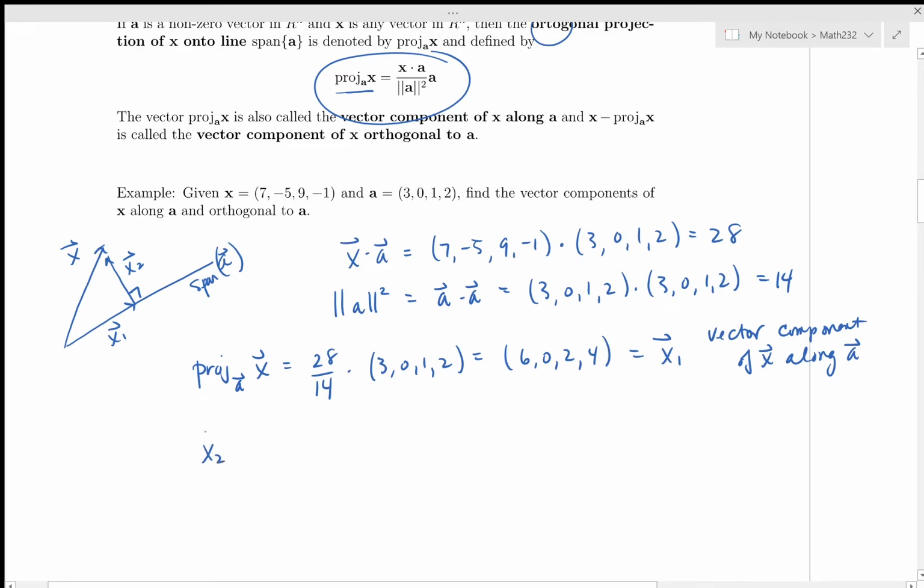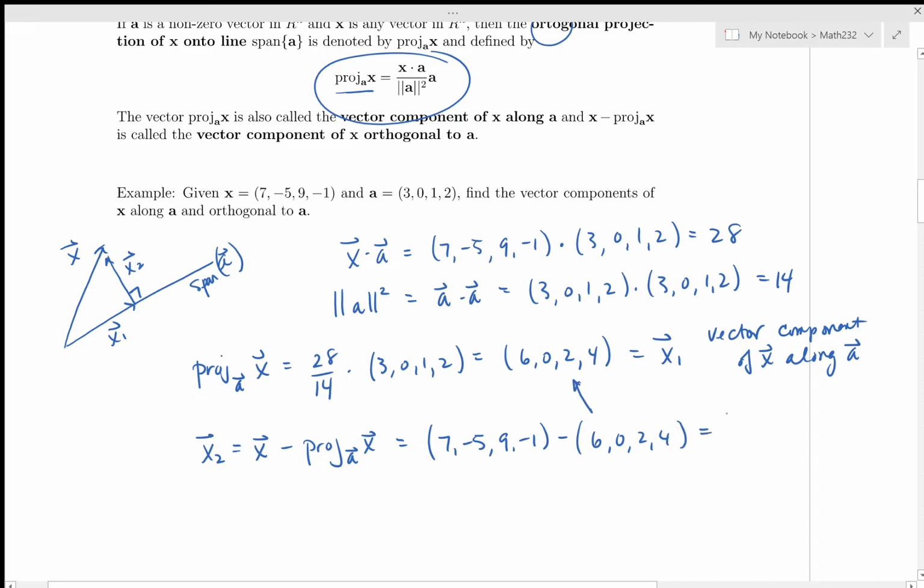And x2 is x minus the projection of x onto A. And that is x, that is (7, -5, 9, -1), minus (6, 0, 2, 4). That is what we just found, x1.